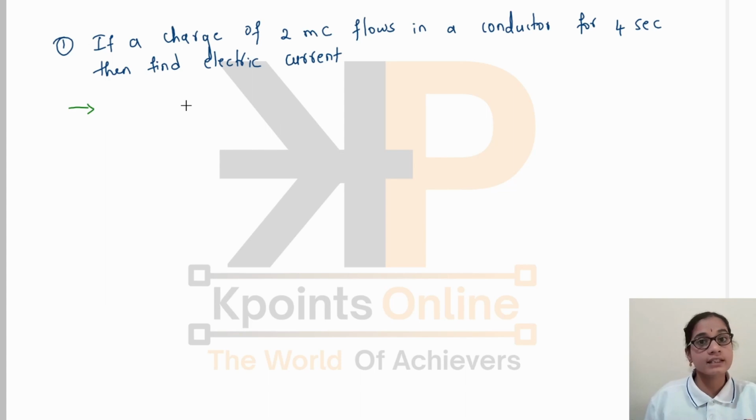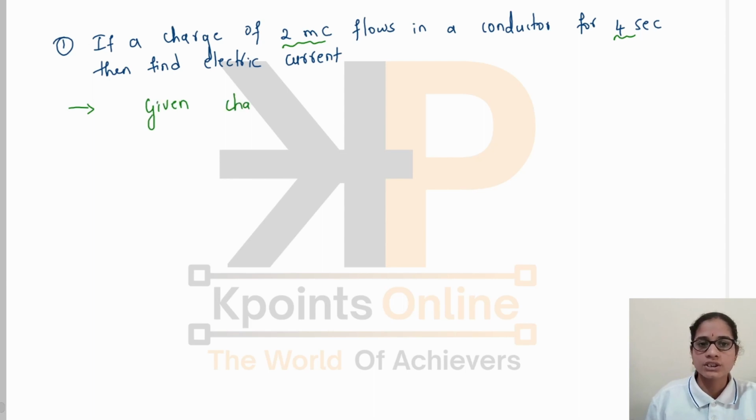Now first let us write the given quantities here. Read the question properly. We have to find out the electric current flowing here.